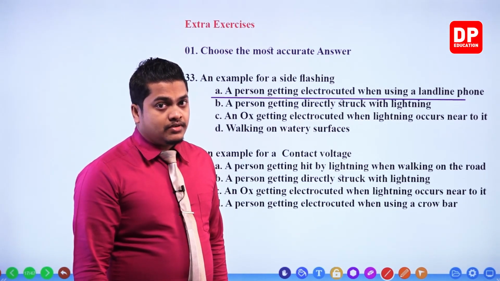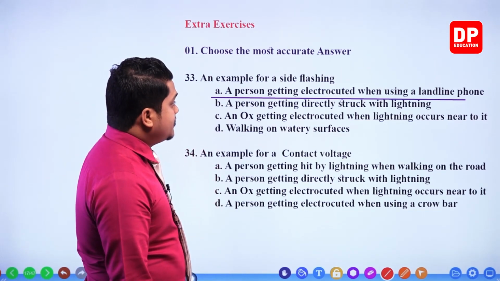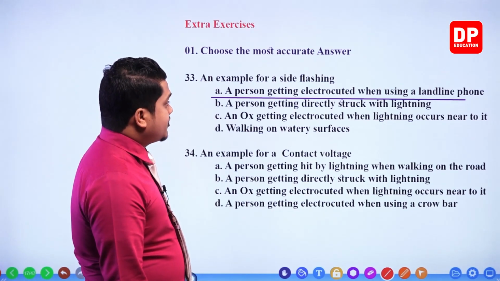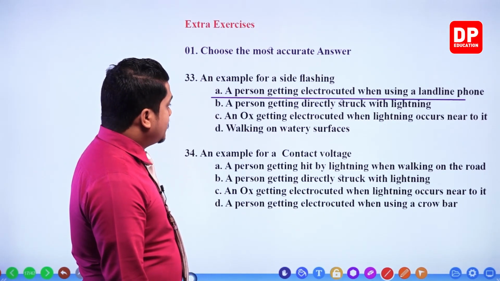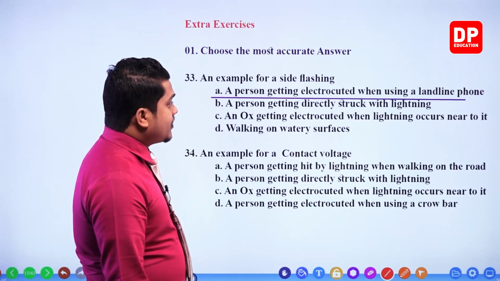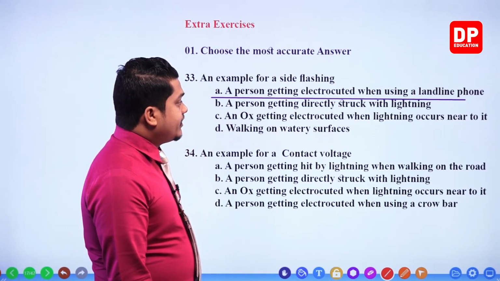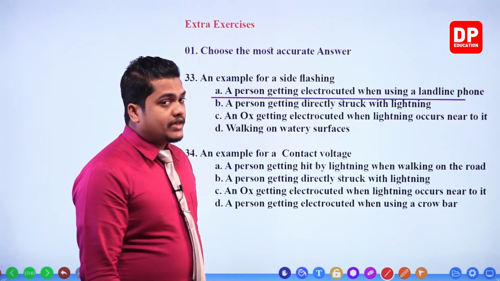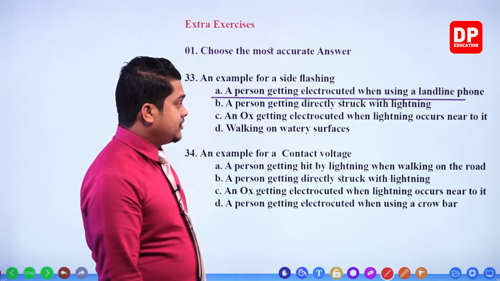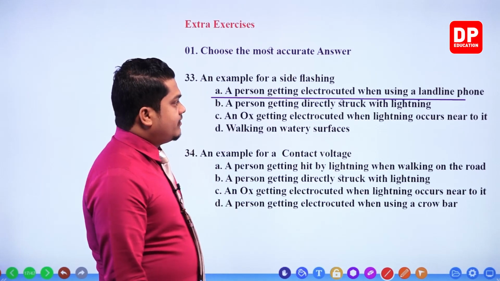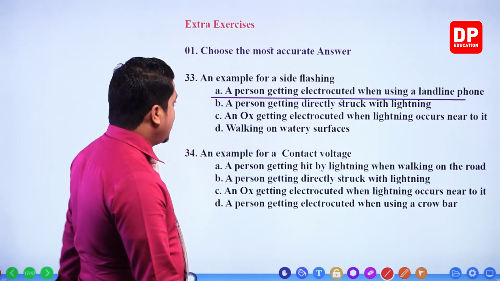Can you remember? In that case we can observe a side flash, my dear children. When a person is directly struck, that is a direct strike. An ox getting electrocuted when lightning occurs near to it is a step potential. So our correct answer would be A.